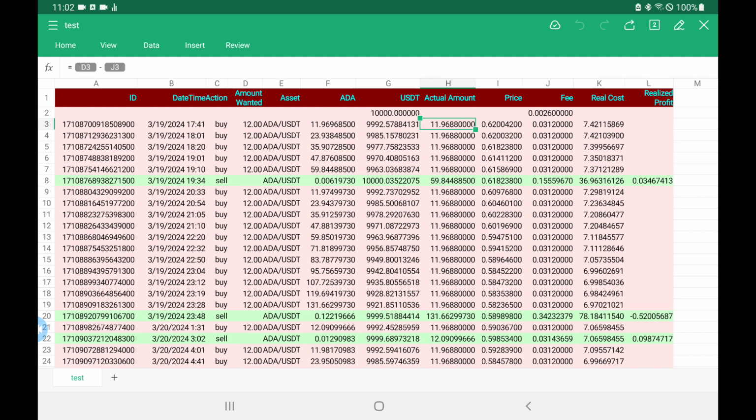Your actual amount is what will be deposited into your ADA wallet. Now it's important to understand that yes, I said ADA wallet. See, the context of a cryptocurrency exchange is that every currency has its own wallet.